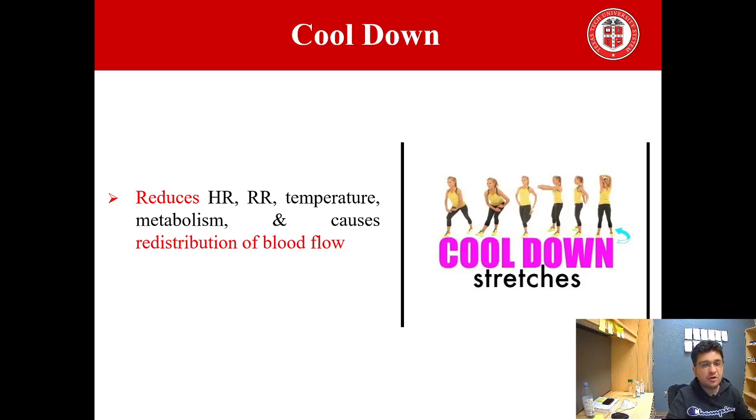Because of the gravity also it goes down, and because of less oxygen and blood supply, sometimes there is a transient feeling of passing out, or sometimes some sort of dizziness, or sometimes headaches can also happen. So please make sure that you allow the body to go back to the resting condition by redistributing blood back to the different organ systems.